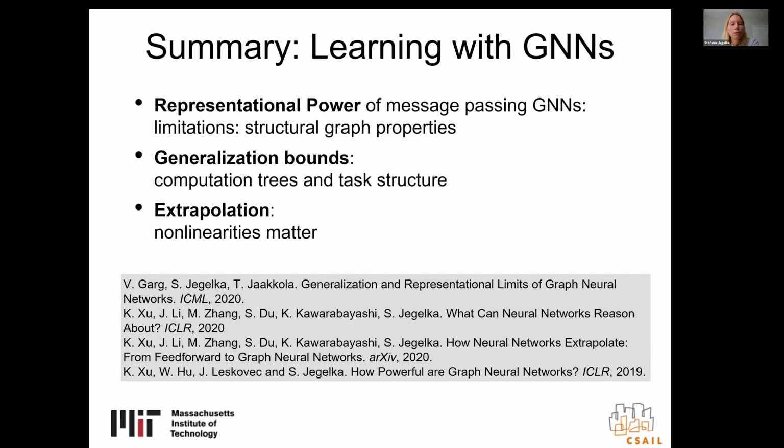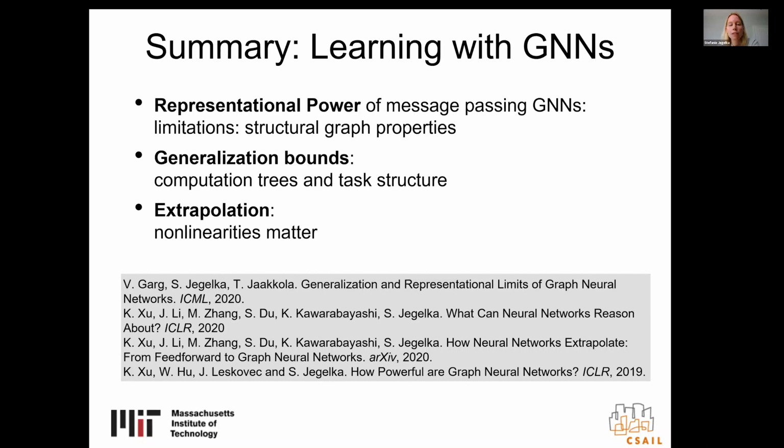With that, I would like to conclude my journey through learning with graph neural networks. We started with the representational power of message passing GNNs and saw some limitations in terms of structural graph properties. That raises the question, what are graph neural networks that represent the functions that we are interested in the most compact way? The second question is generalization bounds.